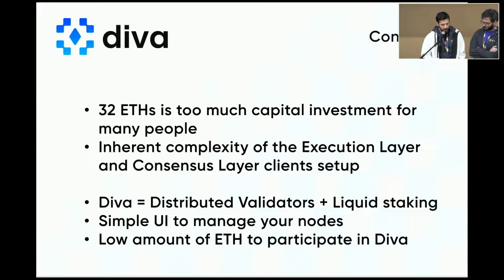So, as you will see now, we made the product very, very easy, very straightforward, and very visual for everyone to be able to do it. And because we want to lower the entry barriers for operators, the collateral requirement is only 1 ETH. So basically, with only 1 ETH, anyone will be able to be part of the validation in Ethereum.